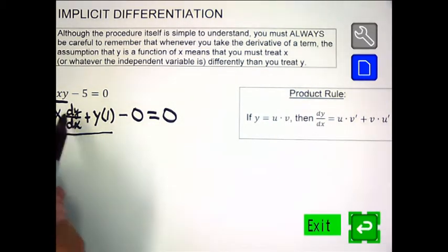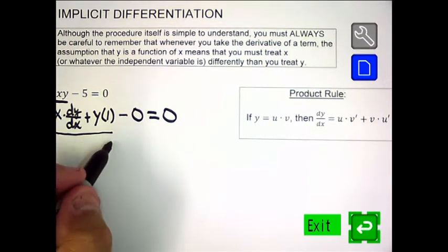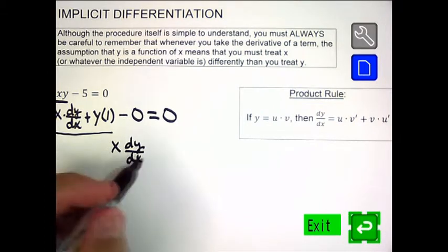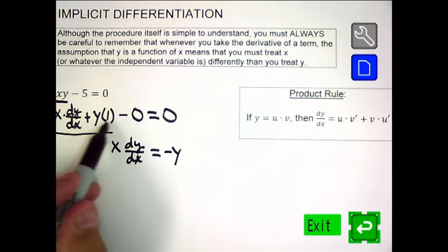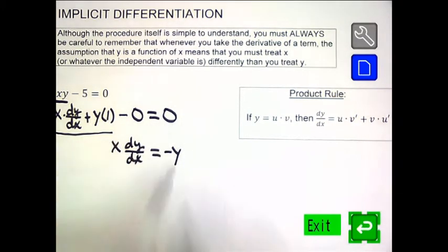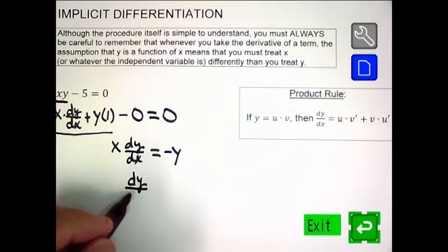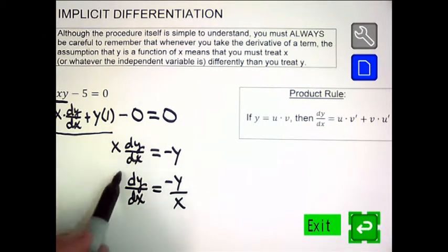So if you're trying to solve this for dy over dx, those two terms are 0, so all you really have is x times dy over dx is equal to negative y, because that's y times 1 is y, and if I move it to the other side it becomes negative y. And then divide both sides by x, and I get dy over dx is equal to minus y over x.